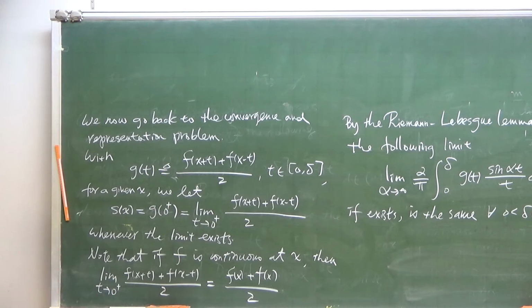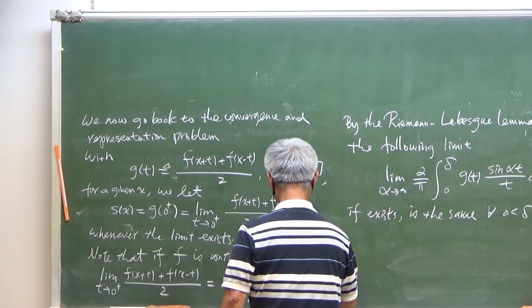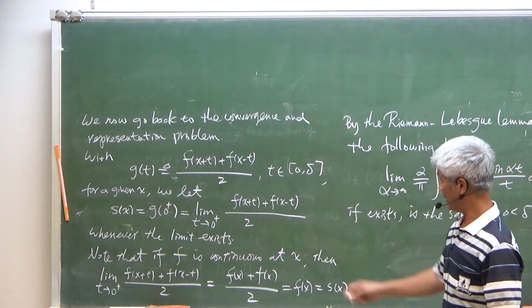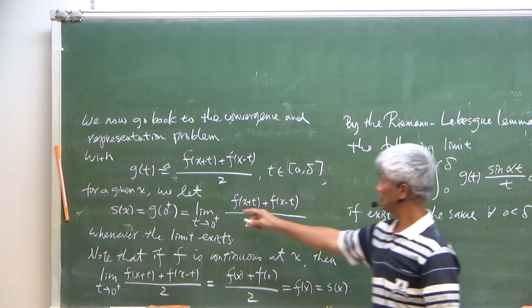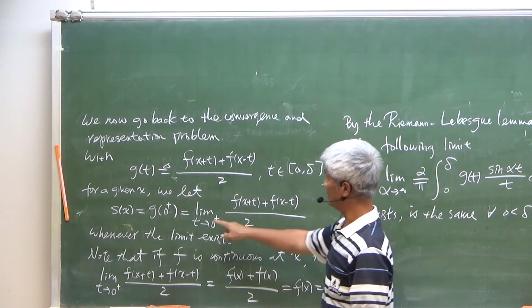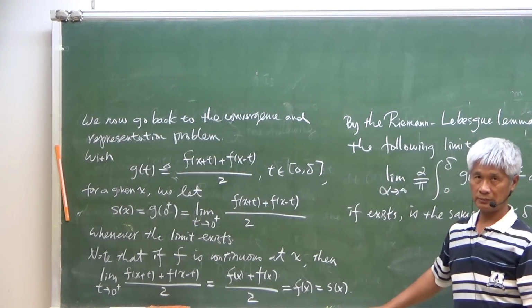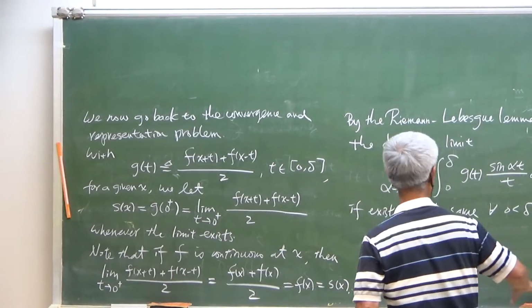This is by continuity, and so the value is equal to f(x), which is just s(x). So if f is continuous at x, then the limit exists, and s(x) is equal to f(x). They are the same.